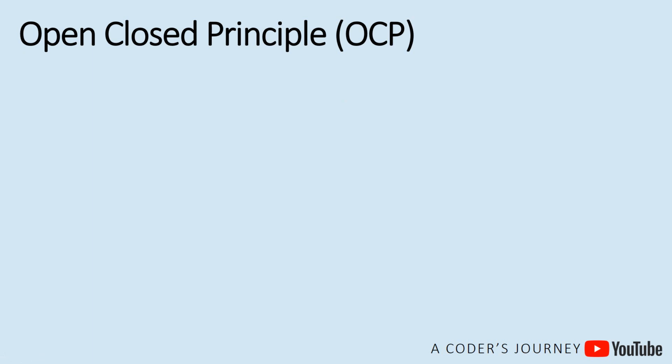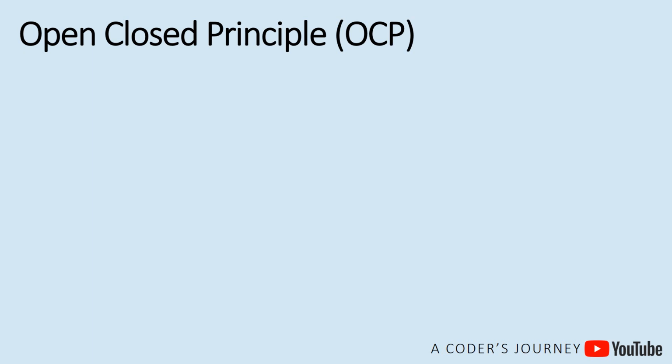This is the next video that I have decided to create about the most important software development principles. In the last video, we talked about the single responsibility principle, or SRP. If you haven't watched that video, I highly recommend that you do. In this video, I have decided to talk about the next principle. These five principles are called the SOLID principles.